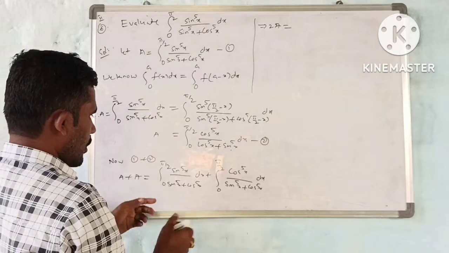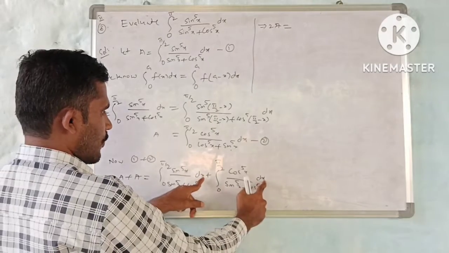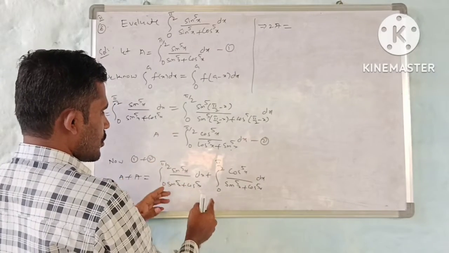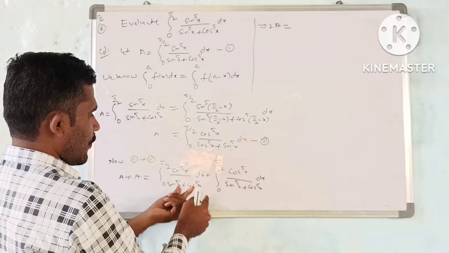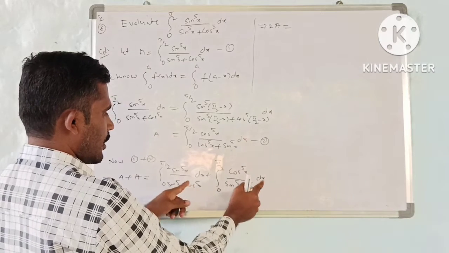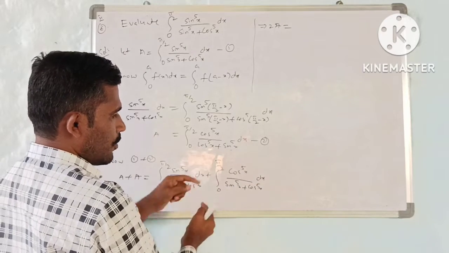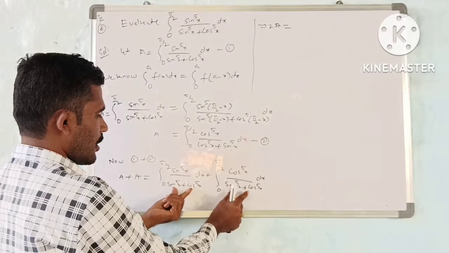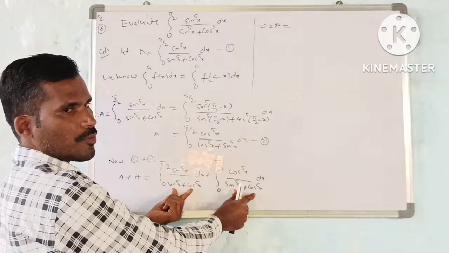Observe here, we are integrating with respect to x, and the limits are also the same. Therefore, we have the integral of f of x plus g of x; whenever integrating with respect to x with the same limits, it can be written as the integral of f of x plus g of x.